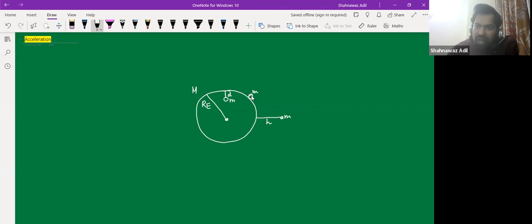So the force of gravity at these different positions would be different.